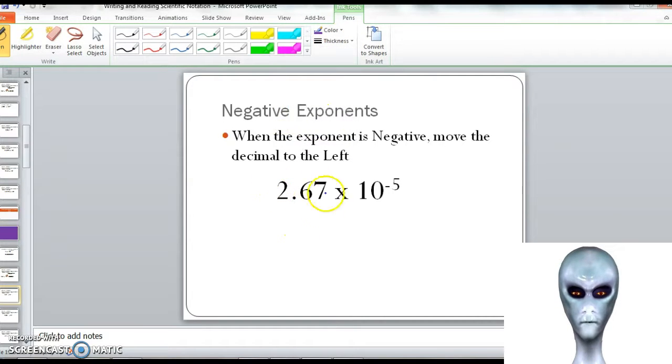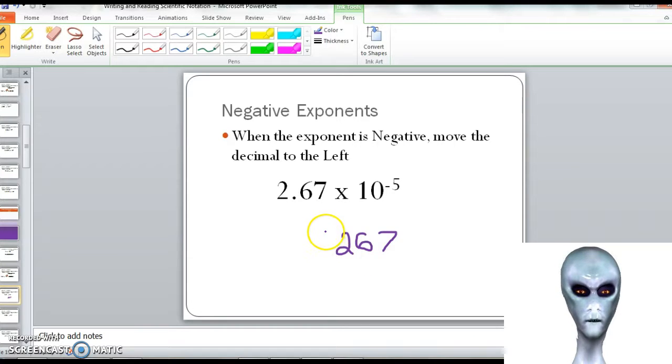Okay, in this example, I like to write down the numbers that are being multiplied by the base 10. So 267, which is also my area code. So 2.67, I need to move my decimal point to the left 5 times.